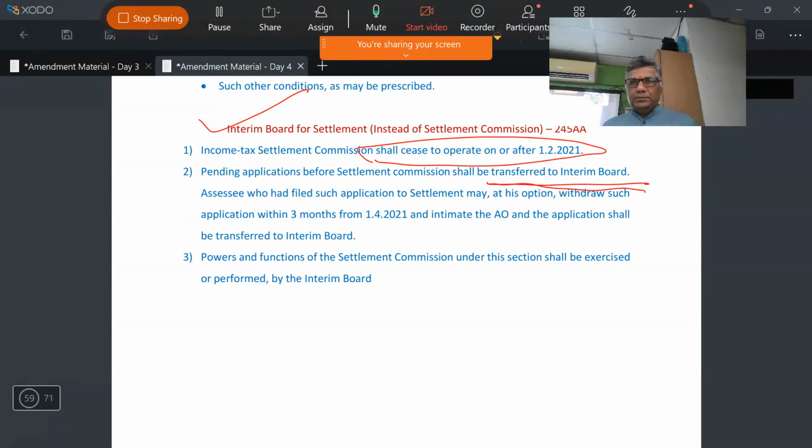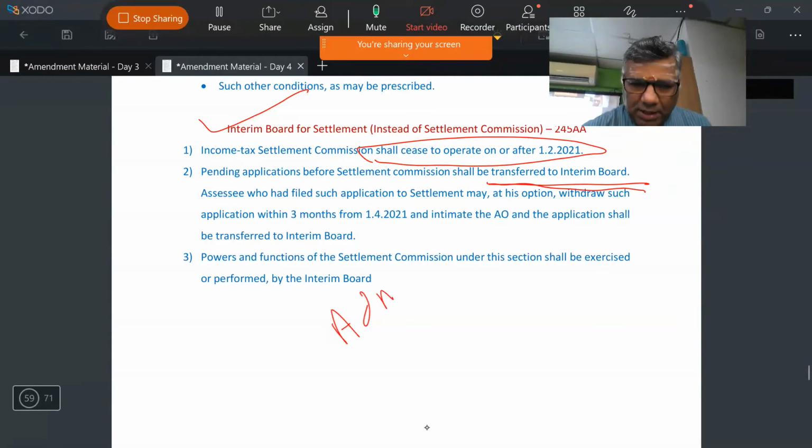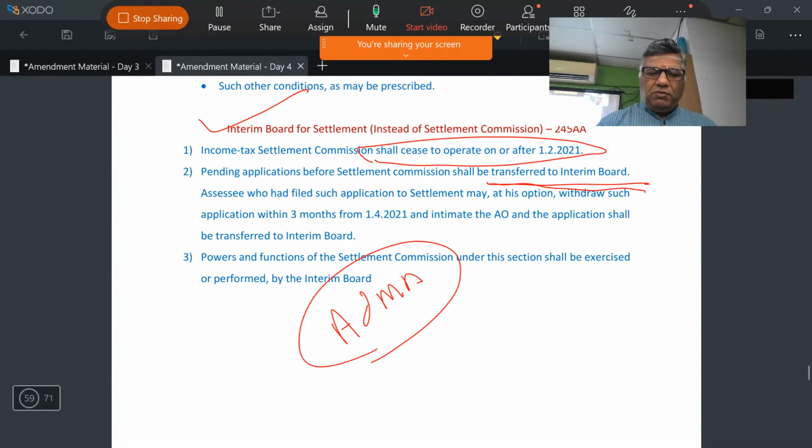Okay, coming back to administrative amendments, my dear friends, to a larger extent, you have seen the following. 139 related amendments you saw. Slashing down of dates.